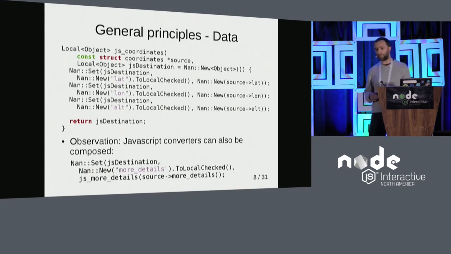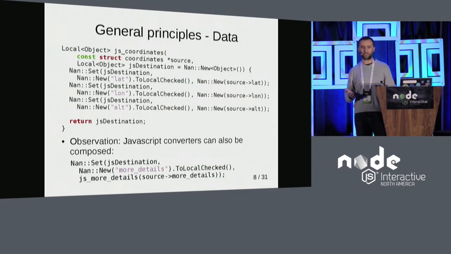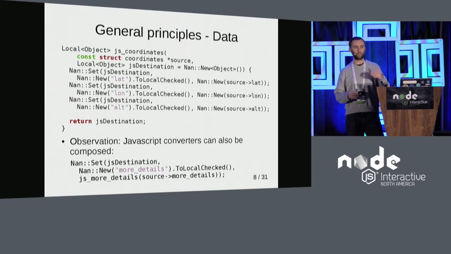So going in the opposite direction is pretty simple, right? Because you've got stuff coming in from C. It's pretty reliable. All you need to do is set the properties on the structure, and you're good to go. But one of the artifacts of C that's going to bleed through to JavaScript is that sometimes you have an empty object and you're going to be filling it out instead of creating a new object.